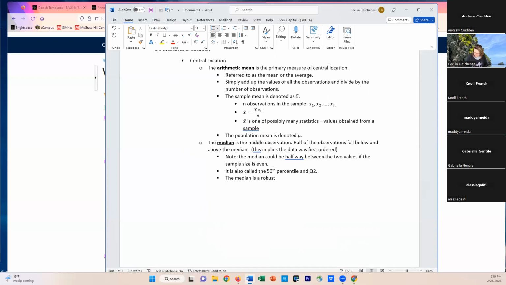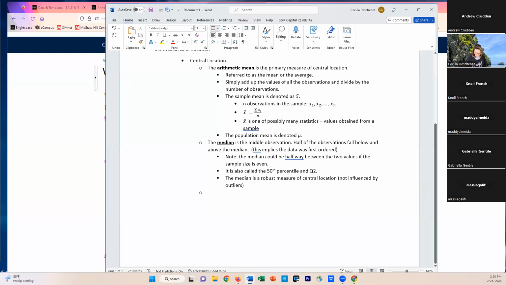Let's say the median is a robust measure of central location, so it's not influenced by outliers. And this is part of the reason we use that guidance when we decide what we're going to impute.